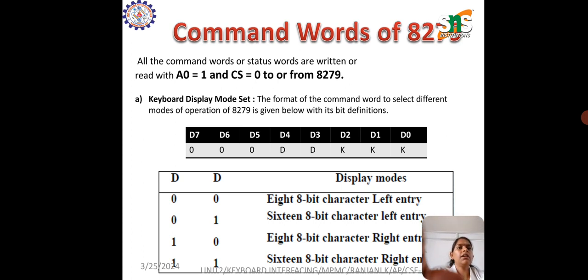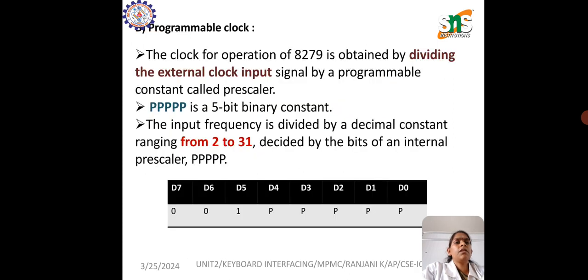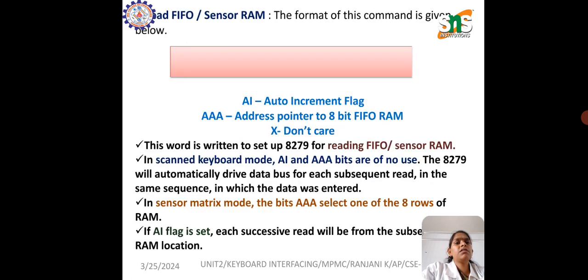These are the command words of 8279. In the keyboard display mode set, this is the format of the command word to select different modes of operation of 8279. Here D0 to D7 give the display modes and their tabulations. The clock is obtained by dividing the external clock input signal by a programmable constant called the prescaler. Then there is the read FIFO/sensor RAM command word, written to 8279 for reading the FIFO or sensor RAM.